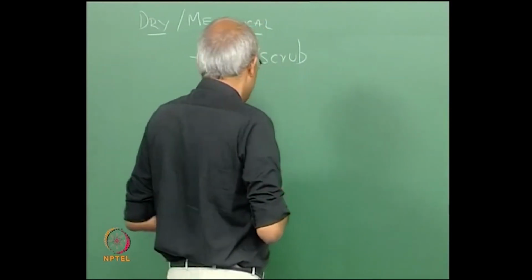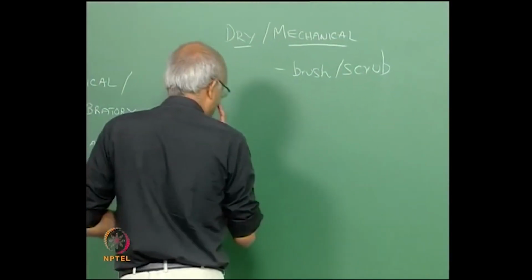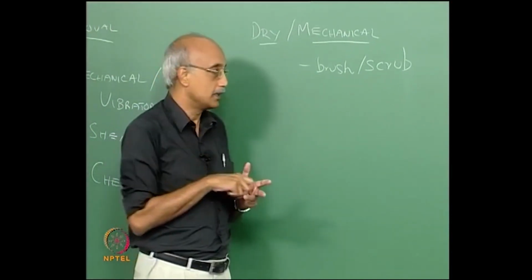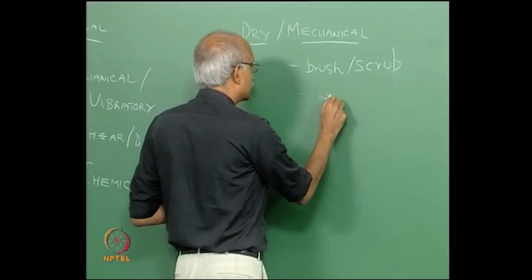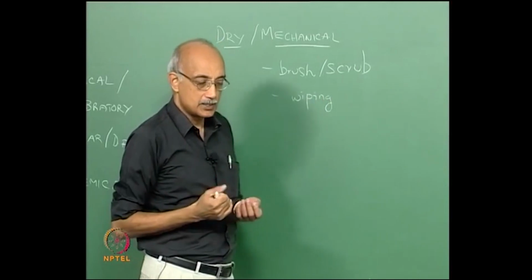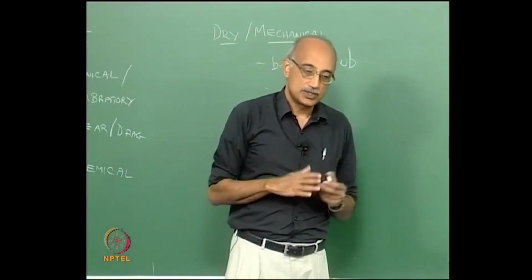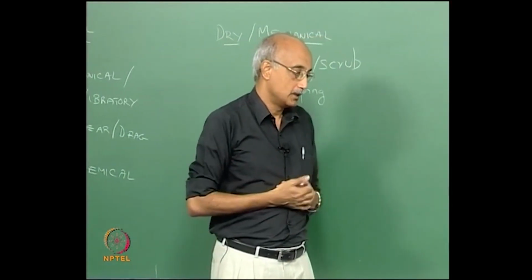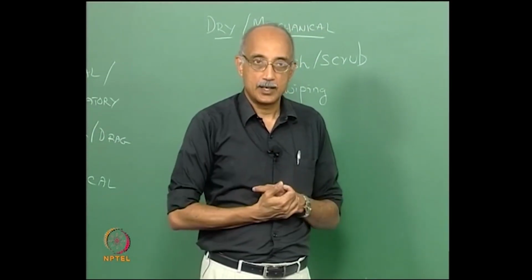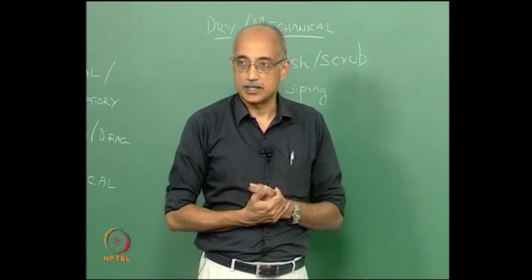Now let us come back to dry mechanical processes. Another process that we can imagine is wiping. So again you can imagine, I am sure you have done this many times, you see something, let us say on a surface, you just take a dry cloth and wipe it and it removes the material that is there.